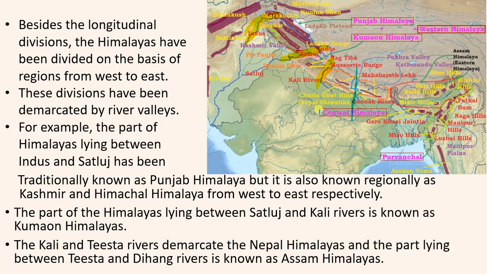This is known as the Nepal Himalaya, and the part lying between Tista and the Dihang River is known as the Assam Himalaya.